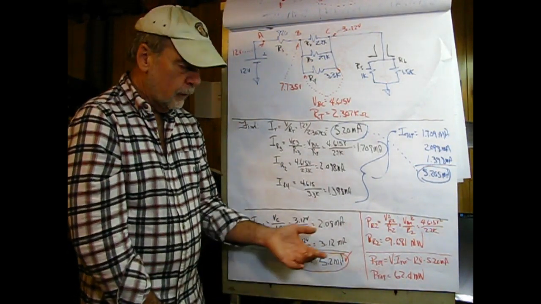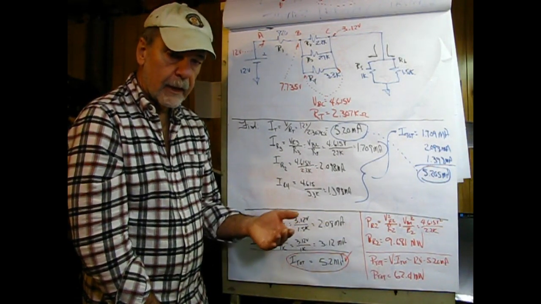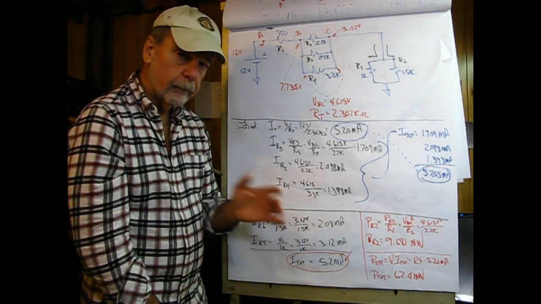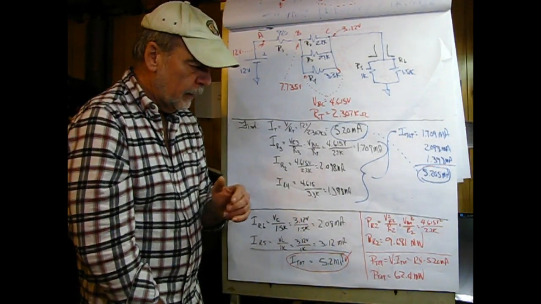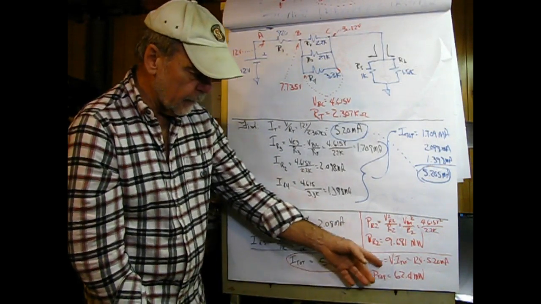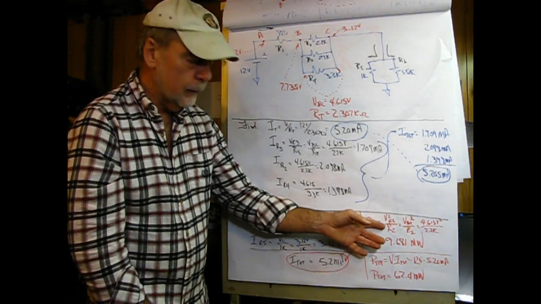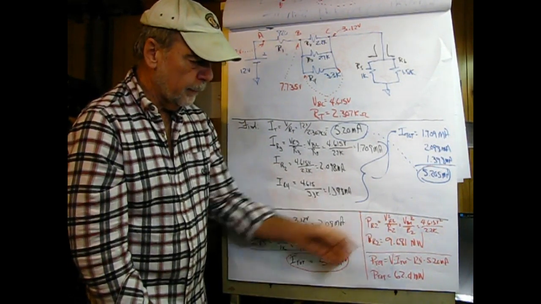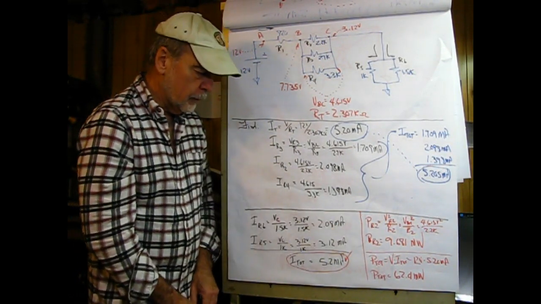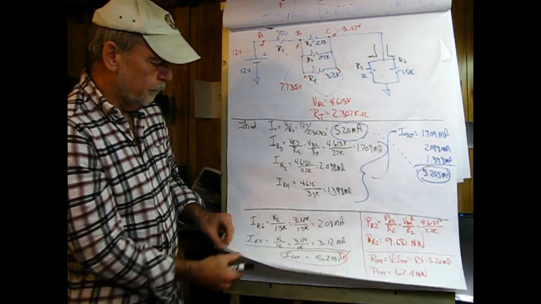So what you can see here is we have three power equations: V times I, V squared over R, and I squared times R, and you want to use the simplest one. There's no sense in this case of, well, we already solved for I, but if I didn't, I could just avoid a step by using V squared over R directly. So I'm pretty happy with the results of this circuit.